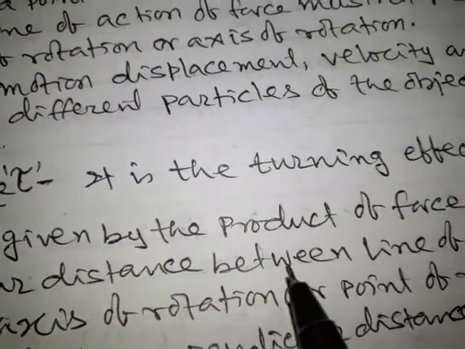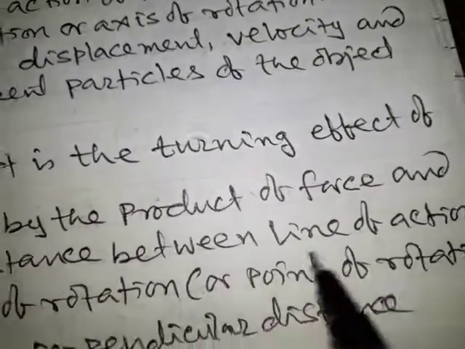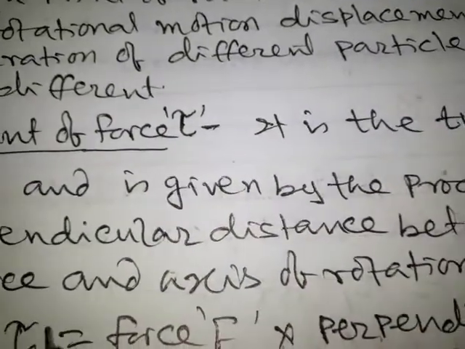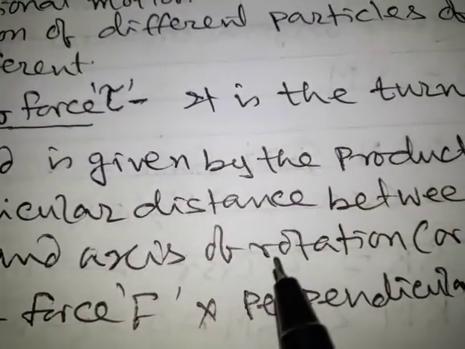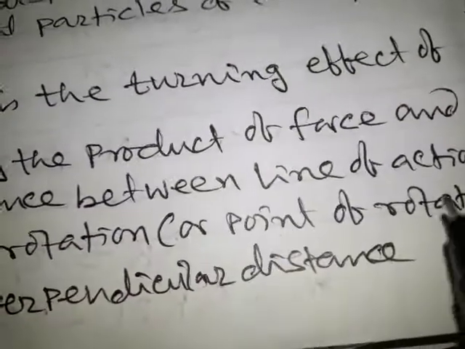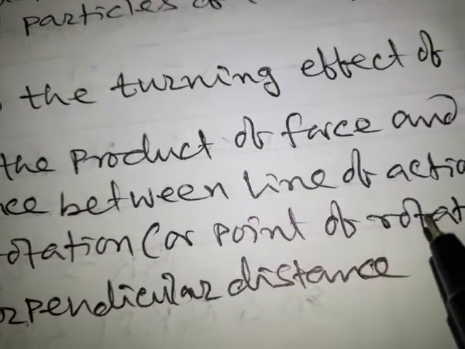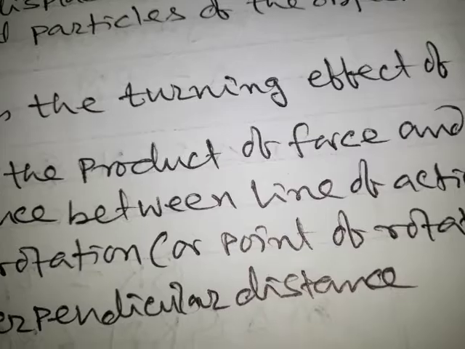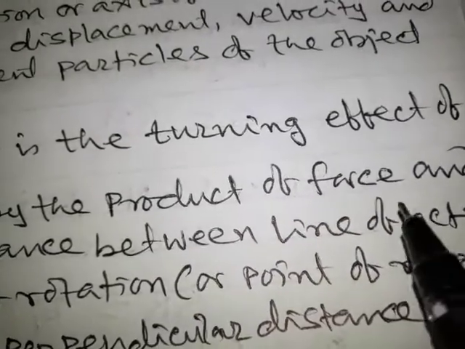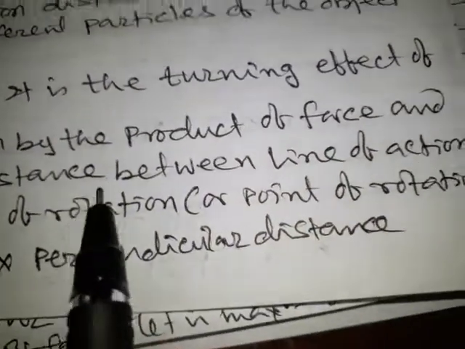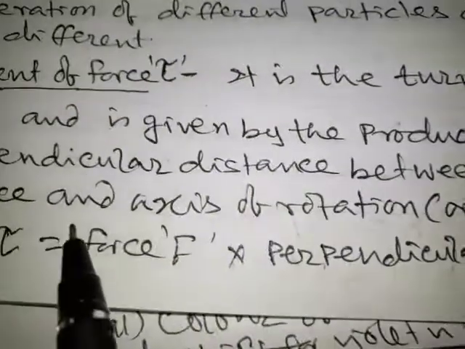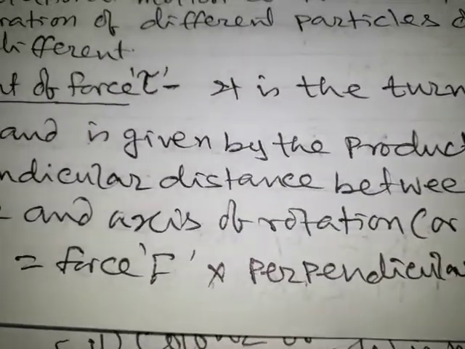Perpendicular distance between what? Between the line of action of force and the axis of rotation, or it may be the point of rotation about which it is free to rotate, either about a point or about a line. So perpendicular distance between line of action of force and axis of rotation.